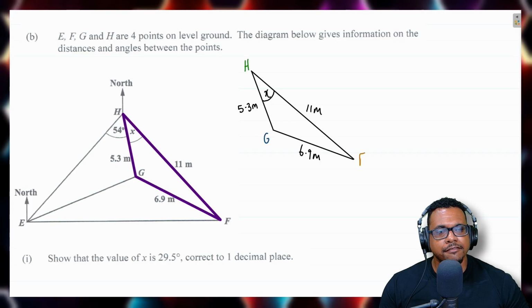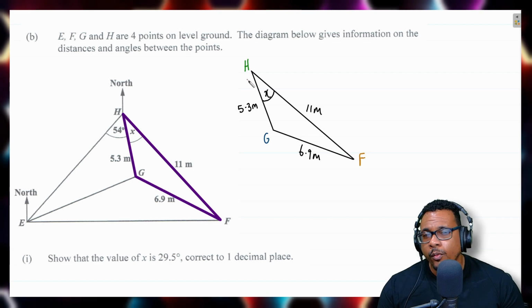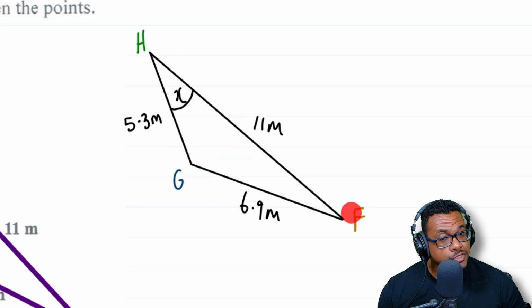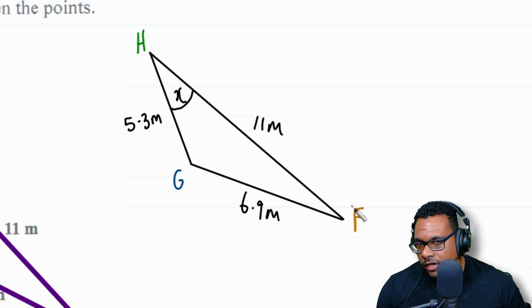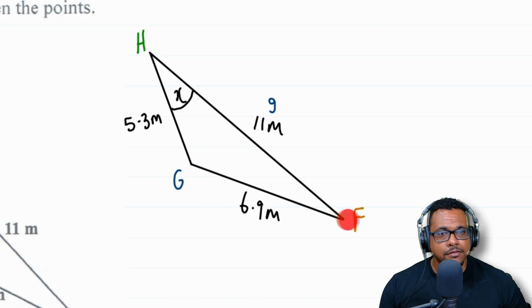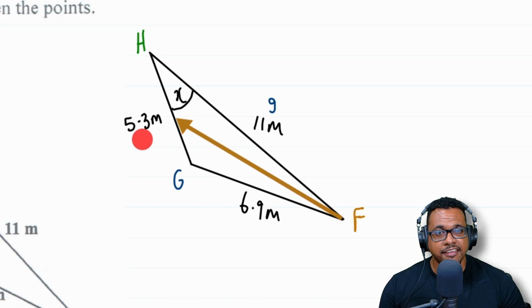And here will be F. Now, when it comes to our sine and cosine rule, these capital letters represent the magnitude of the angles, and the common letters represent the length of the side. So opposite angle G will be small g, which will be 11 meters. So I'm going to write small g here. Opposite angle F will be small f, which is 5.3 meters.